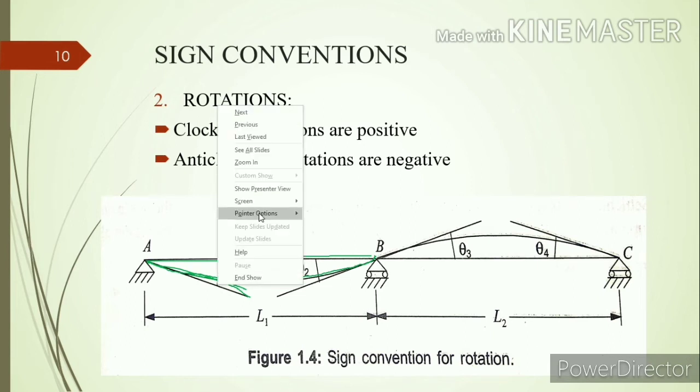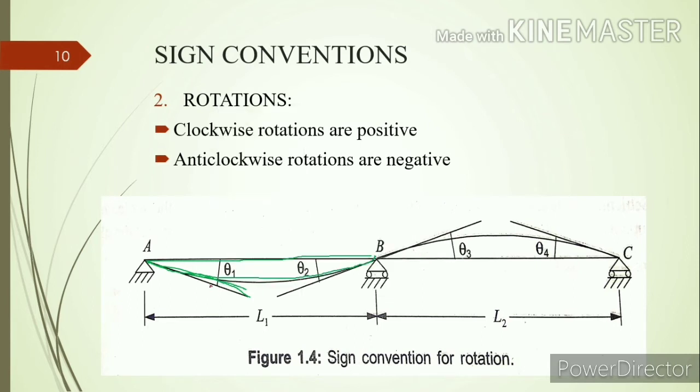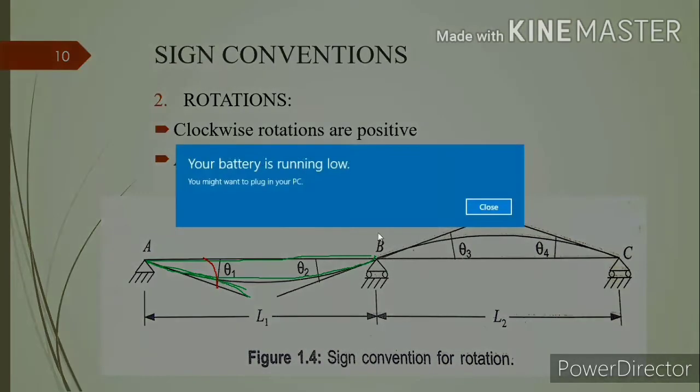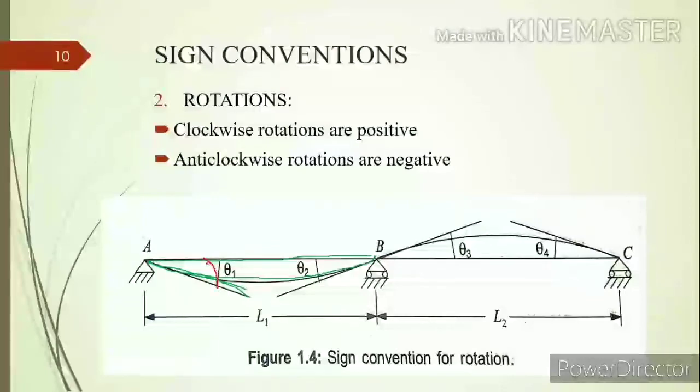So theta 1 is measured from this tangent to the initial position. The direction is anti-clockwise. Anti-clockwise rotations are negative, so theta 1 is negative.